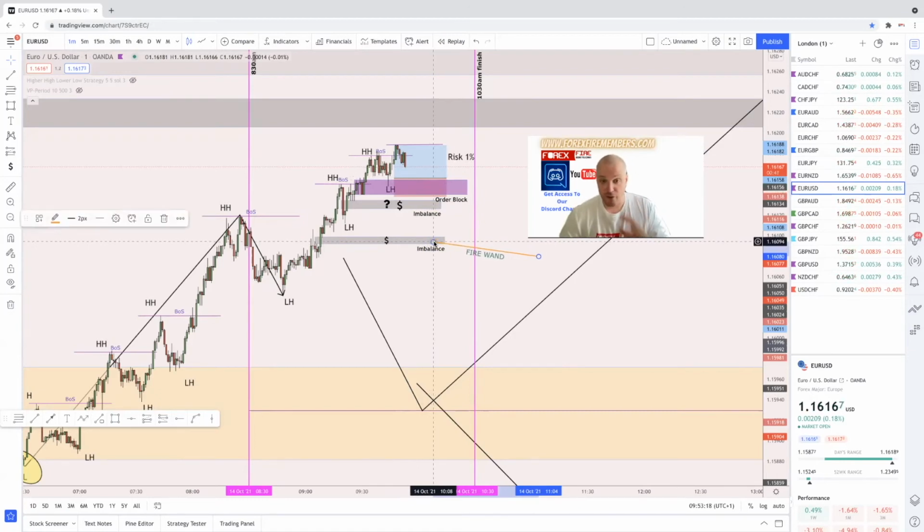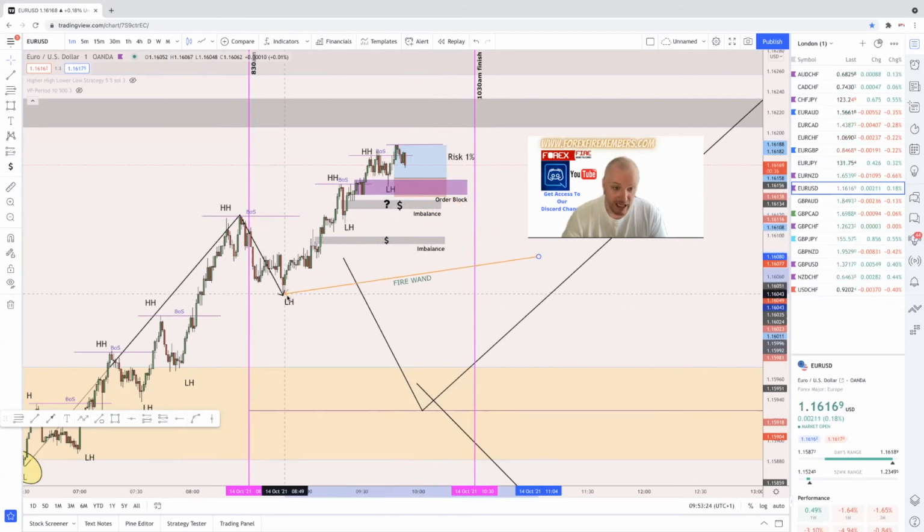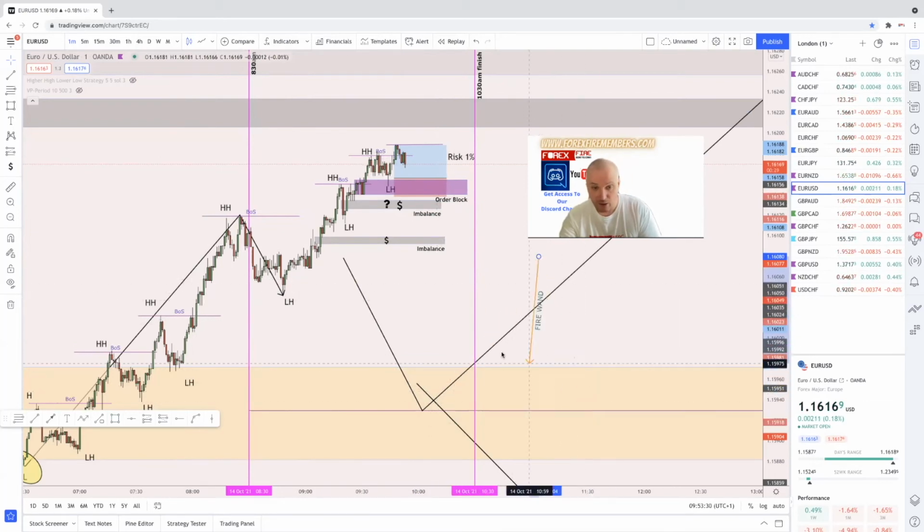Two, the third reason why this may fail is because it now wants to come down and attack these lower highs, which means if it does come down, bounce up onto here and then come down, it is a price reversal.